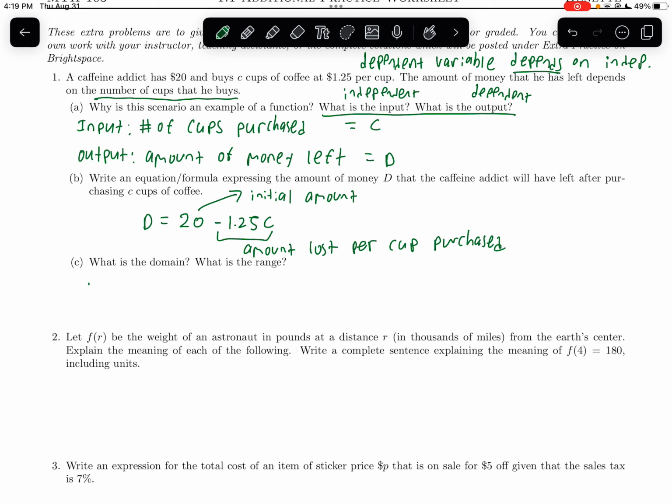Okay, and then the domain. So the domain is a set of all valid input numbers, or all numbers that can be allowed into the function as an input value. And because the domain here for the input variable is the number of cups purchased, well, you have to buy an integer amount of coffee, right?